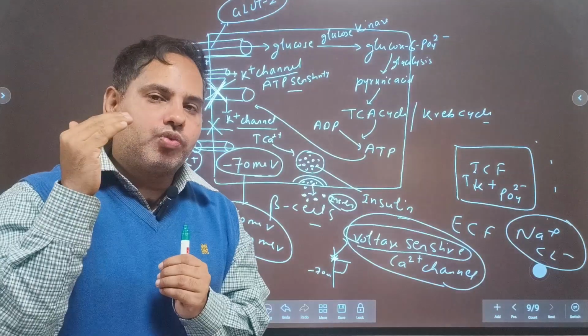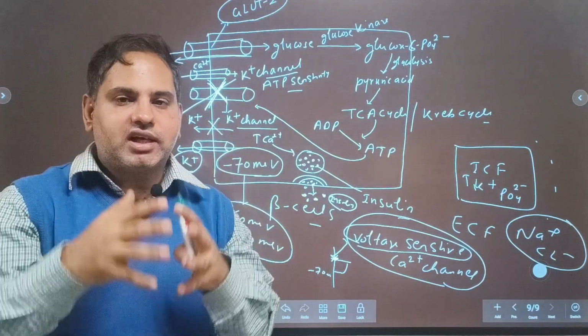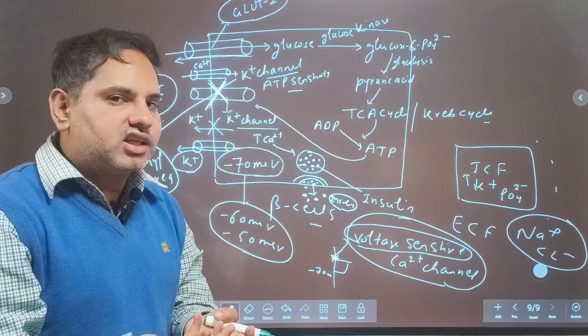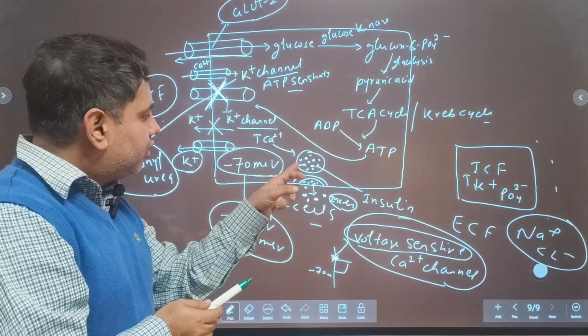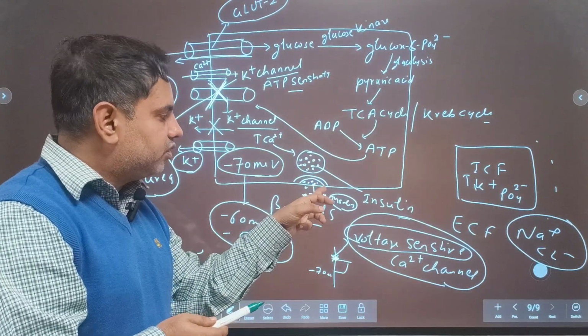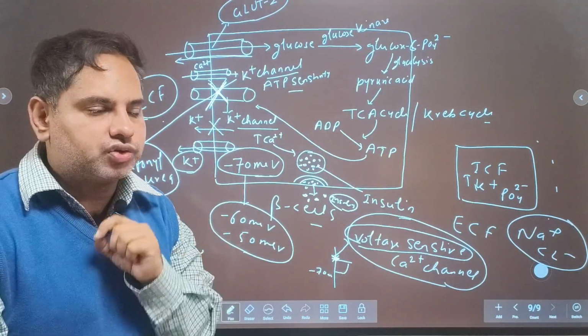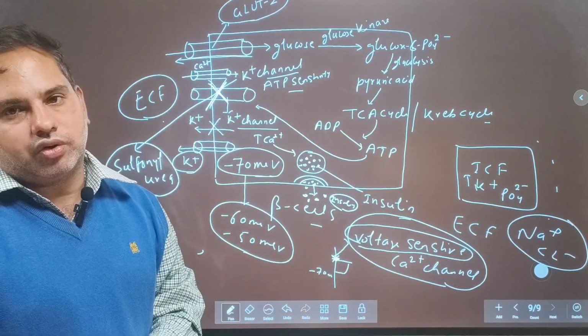When the voltage gated calcium channel opens, there is more influx of calcium ions inside the cells, and it results in depolarization. The vesicles fuse with the membrane and release the chemical which is stored inside the vesicle, and that chemical is insulin. So insulin will be released more.